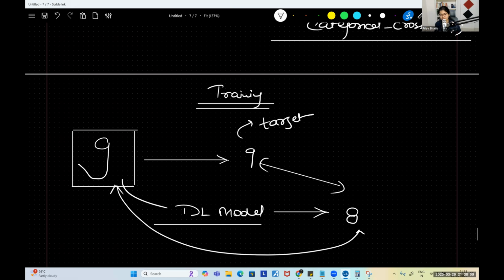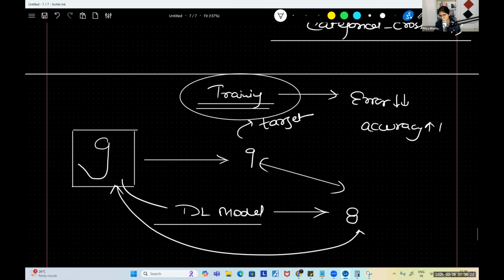So this is the entire process which I have explained to you. When I'm saying my training is done, it means we reach a point where our error is minimum and our accuracy is maximum. It means my model is also saying that this belongs to an image of 9. So with respect to every image, we have a mapped target value available already.